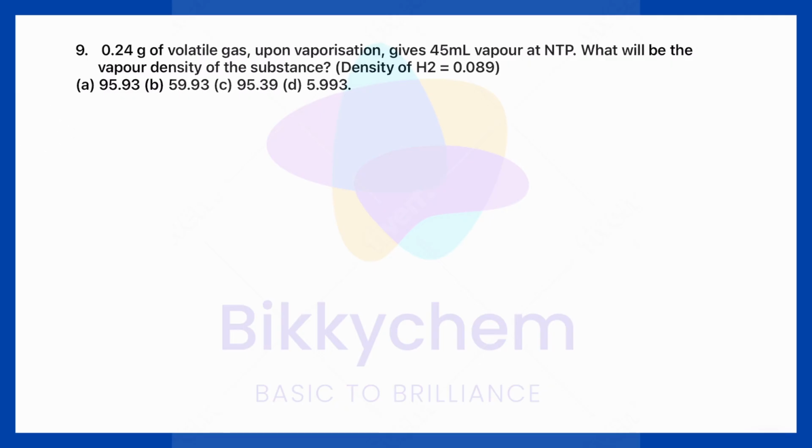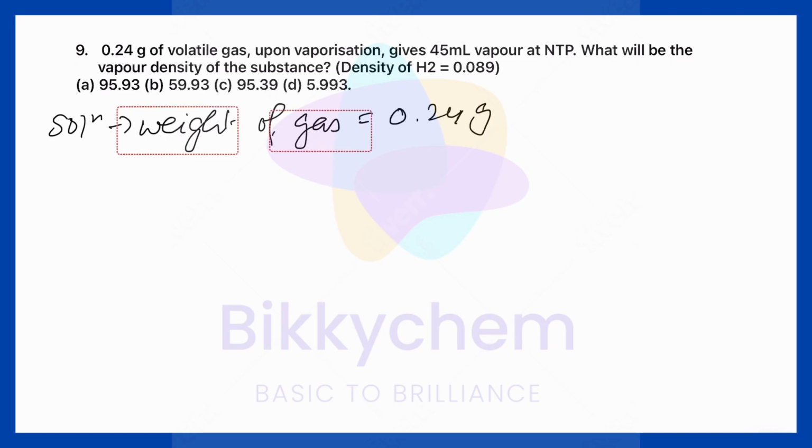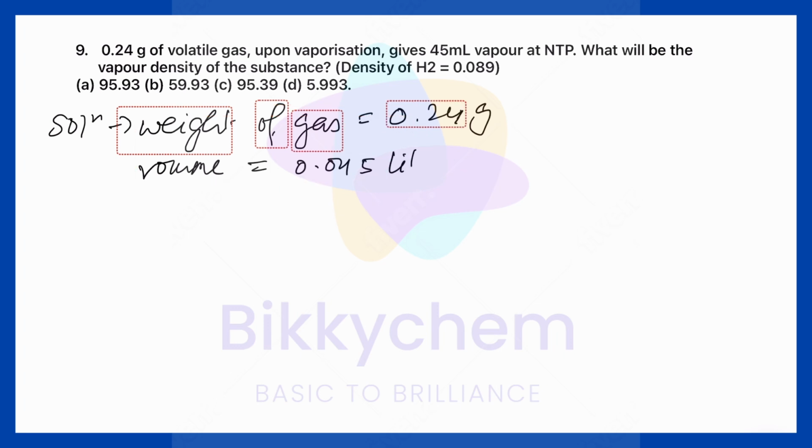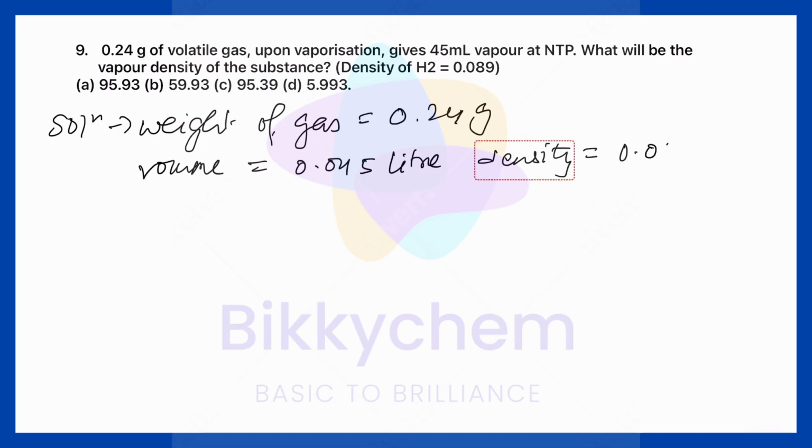So weight of gas is also given here, 0.24 gram. Volume is given as 0.045 liter, and density is 0.089. Now density into volume equals to mass.